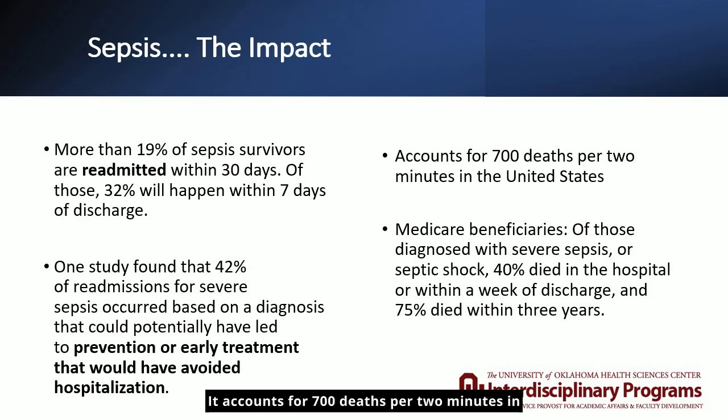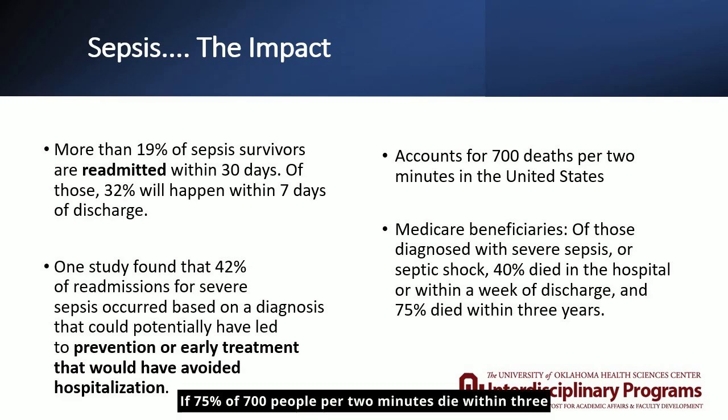It accounts for 700 deaths per 2 minutes in the US. Sepsis is one of the leading causes of death and disability in the world. It is a huge problem wherever we go. And again, our older patients, our patients that have chronic issues, of those diagnosed with severe sepsis or septic shock, 40% died in the hospital within a week of discharge. 75% died within 3 years.